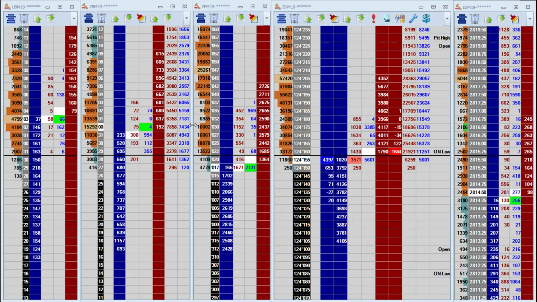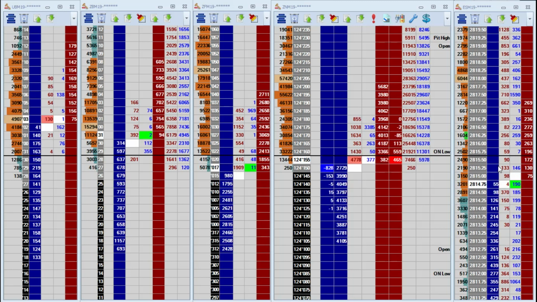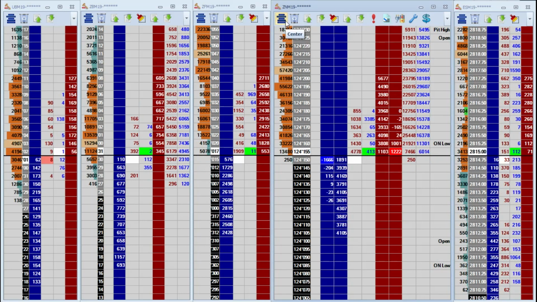From left to right, these are individual products: the Ultra Bond, the 30-year bond, symbol ZB, the ZF, which is the 5-year, and kind of in the middle, the product I trade mostly, the ZN, which is the 10-year Treasury, the T-Note. Then all the way on the right is the E-mini S&P, which I just use as a negative correlator to all these other products.